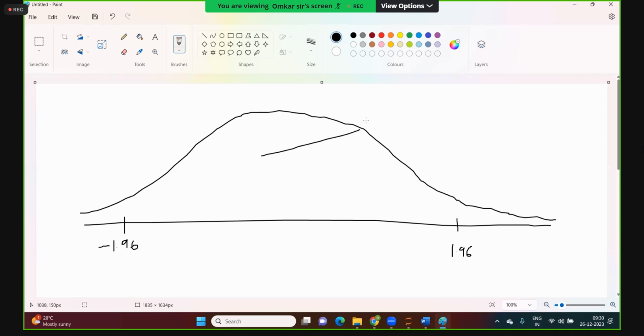This is the non-rejected area and these are the rejected areas. Now you got 2.58, which definitely falls in the rejected area.